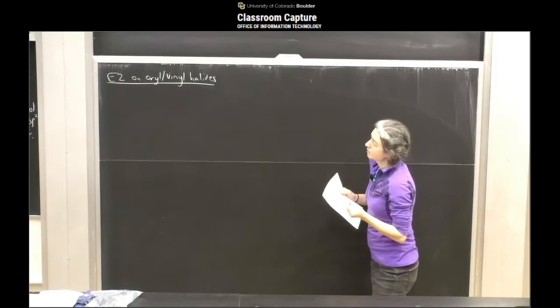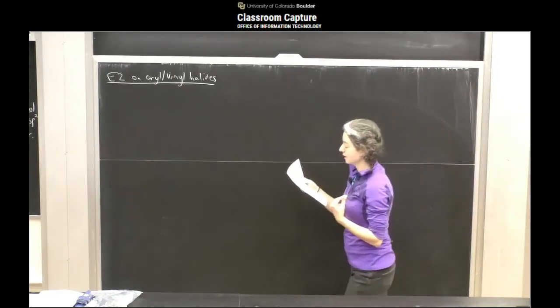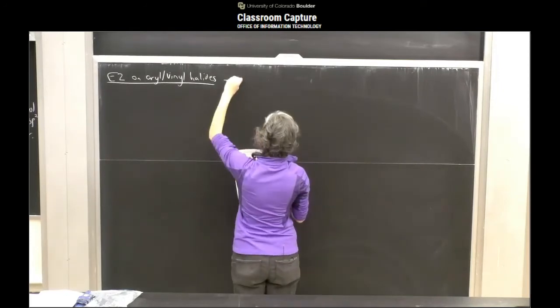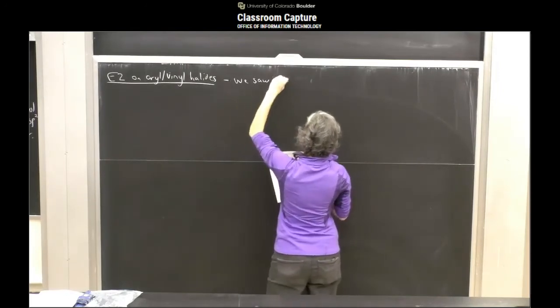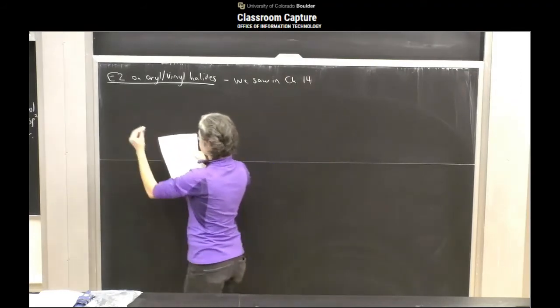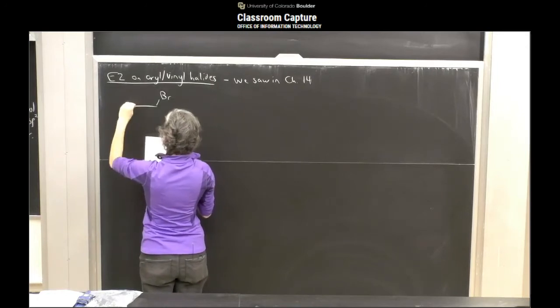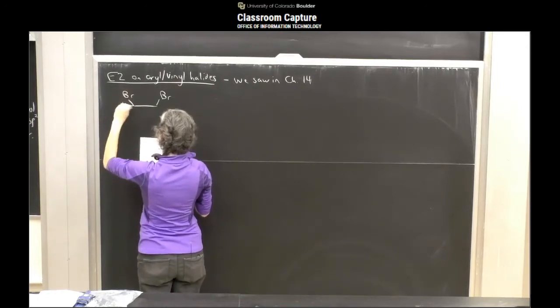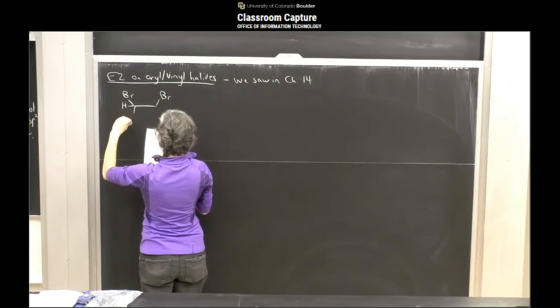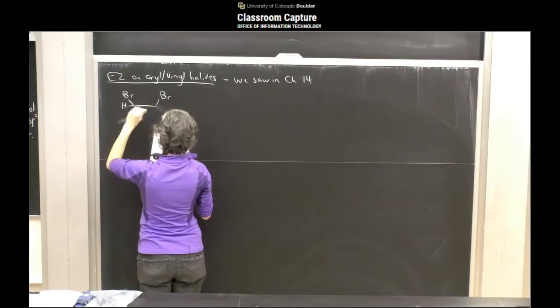In fact, we actually saw this happening already in chapter 14, because if you remember the way that we made alkynes, actually I'm just going to say R there.